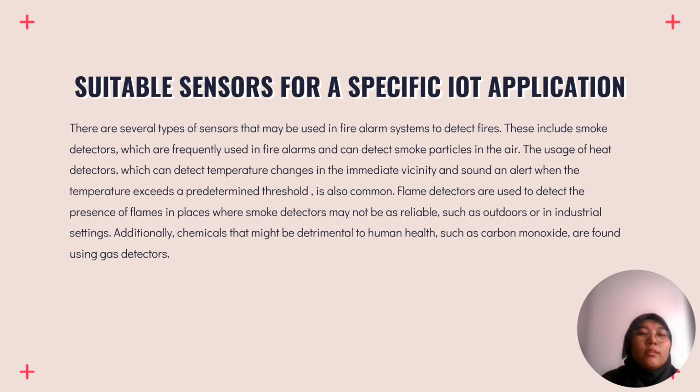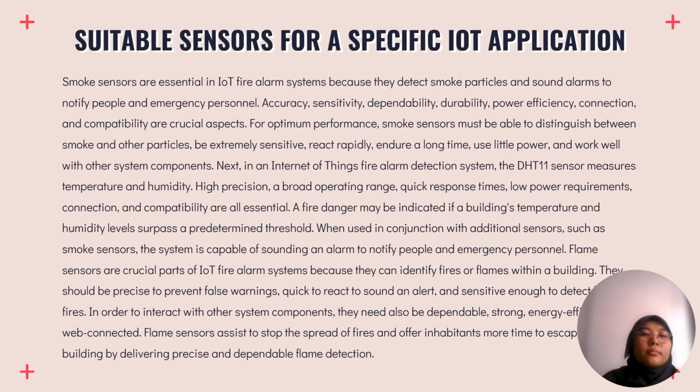So there's a lot of conclusion, and there are several types of sensors that may be used in a fire alarm system to detect fires. Additionally, chemicals that might be detrimental to human health, such as carbon monoxide, are found using gas detectors.